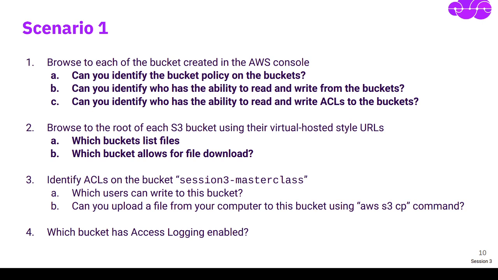For the 3 buckets that you've created, identify the one that has a bucket policy on it. Right, there are 2 ways. The console way is what we've seen. You browse to the bucket, go to permissions, and scroll down to the bucket policy section. But let's try and see how we can do this using the command line.